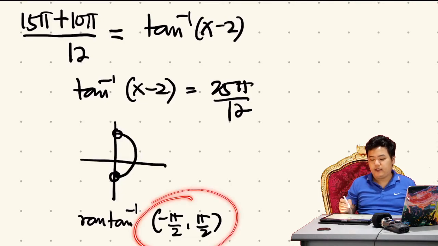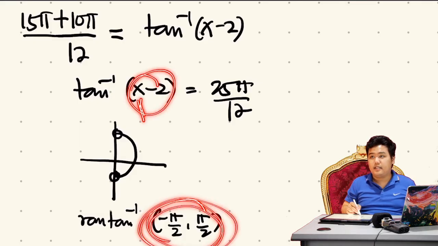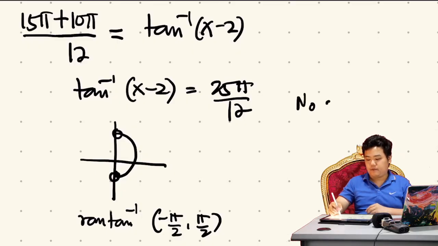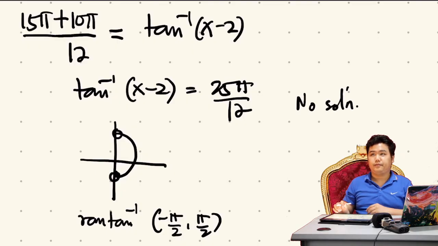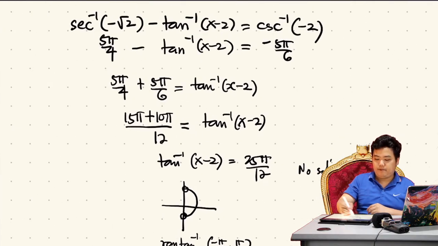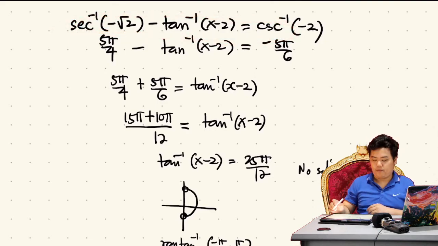Wala na siya sa interval na to. Okay? So, ibig sabihin, wala kang makukuha kahit anong x na ipasok mo dyan, hindi lalabas to. Kasi kahit anong x ang ipasok mo dito, ang lalabas is nasa loob lang nito. But 25 pi over 12 is not in this interval. So, ang sasabihin nyo dito, this has no solution. Okay? So, yung given problem, this one, has no solution.